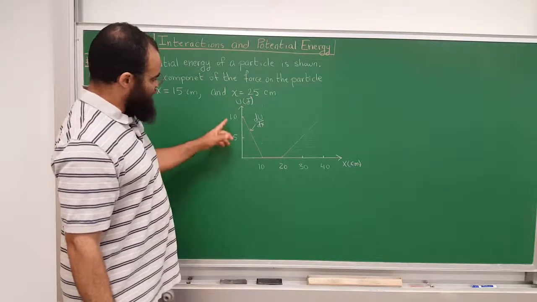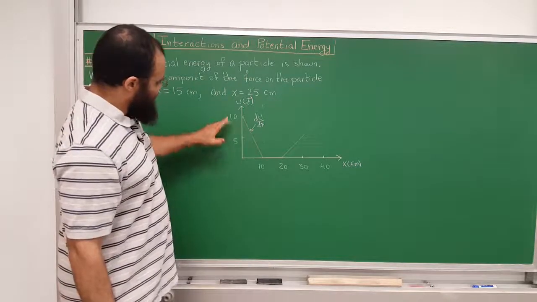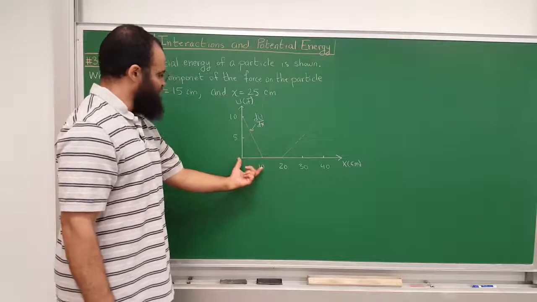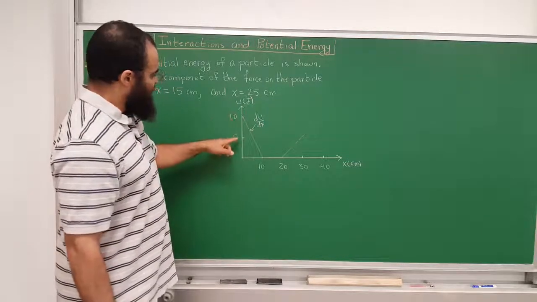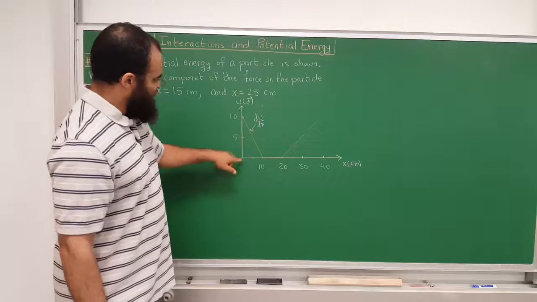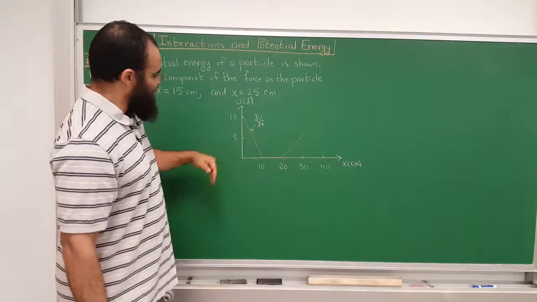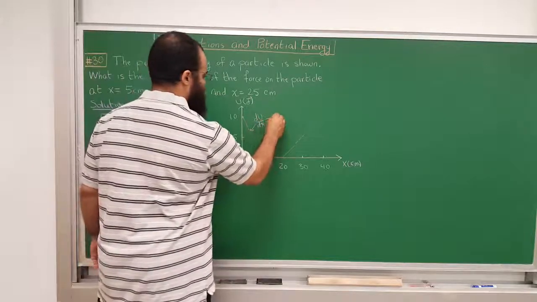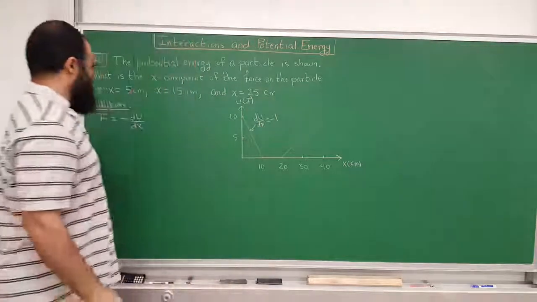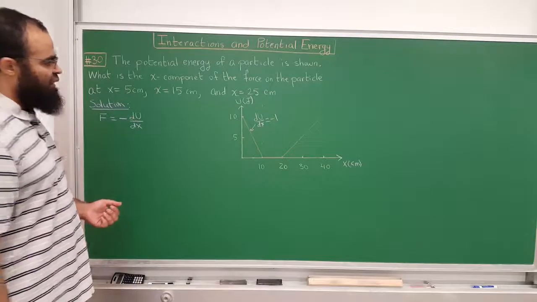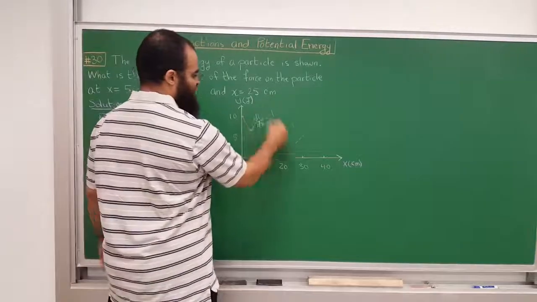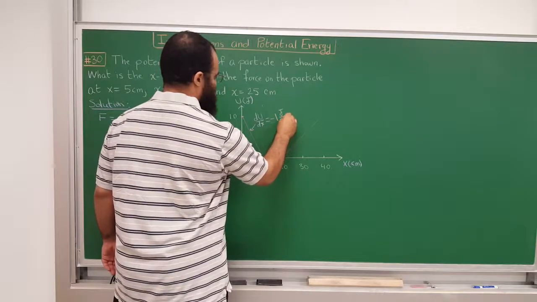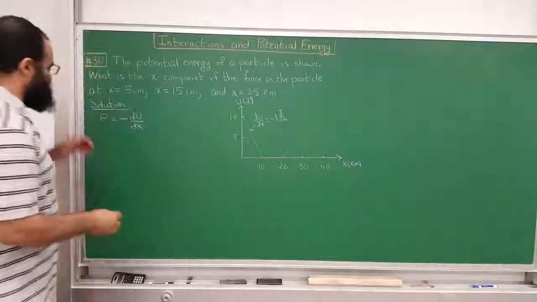It's actually a negative slope. So it would be 10 over 10. The scale here is not the same scale. It's actually negative 10 because you're dropping, so negative 10 over 10, and that's equal to negative 1. Negative 1 what? It's joule per centimeter. We need it in joules per meter.